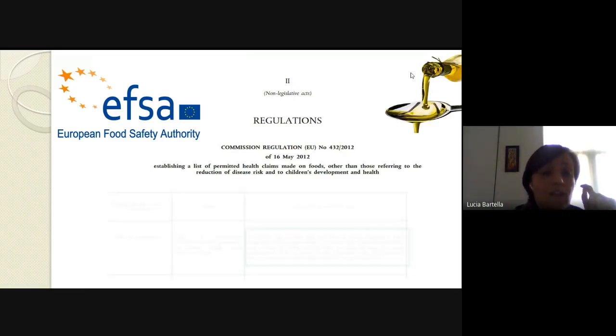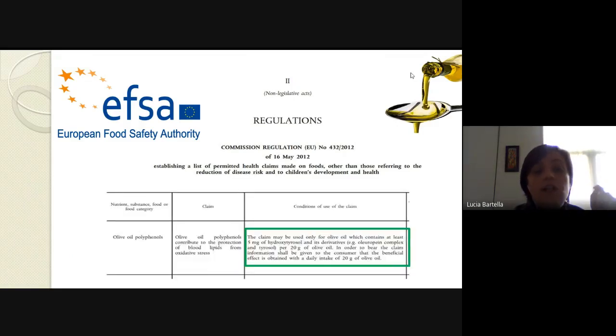In the case of olive oil polyphenols, this regulation permits this health claim: olive oil polyphenols contribute to the protection of blood lipids from oxidative stress. But this claim can be used only for an oil which contains at least 5 milligrams of these compounds per 20 grams of oil.